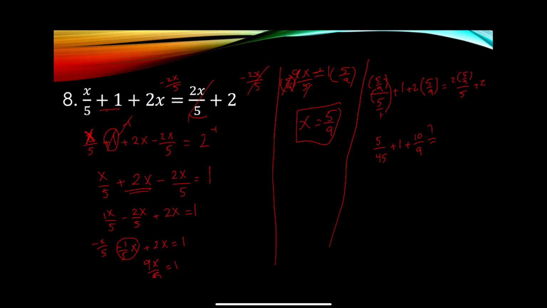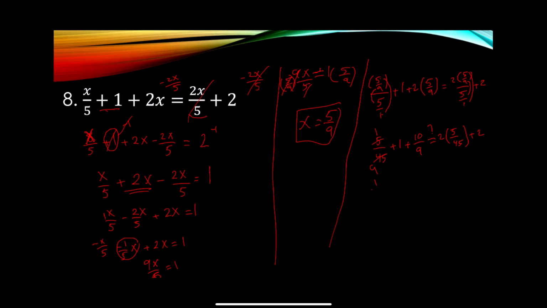Is it equal? Now again, 5 times 1 and this times this. So it's 2 times 1 times 5 is 5 over 45 plus 2. I know it became very complicated, but I can make it so simple. Now, if I divide here by 5, this is 1 and this is 9.